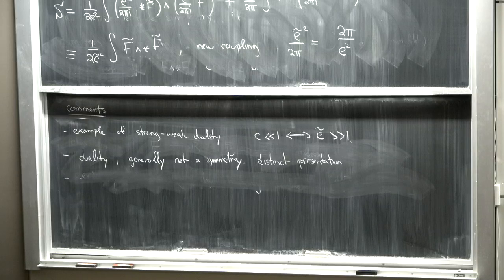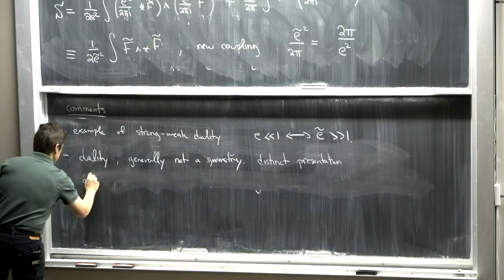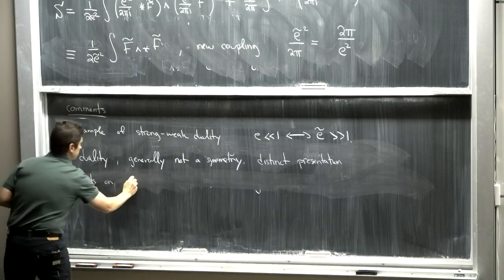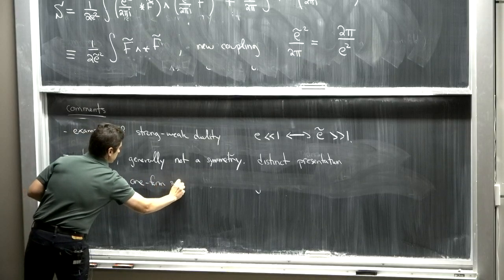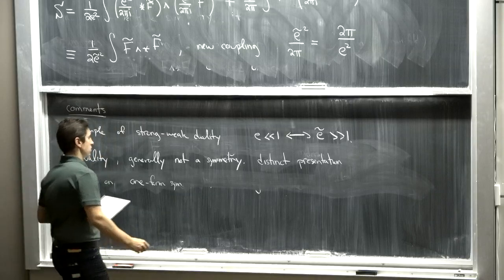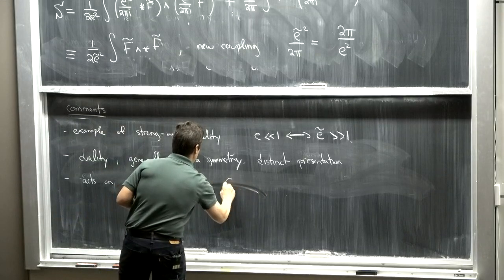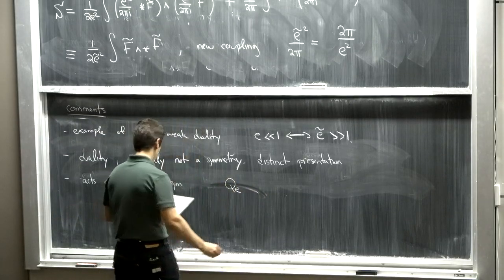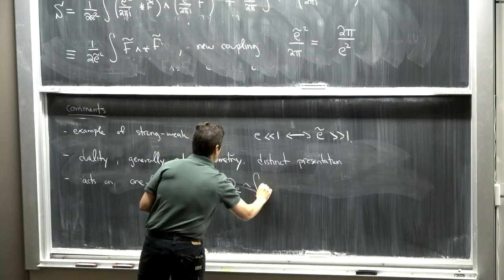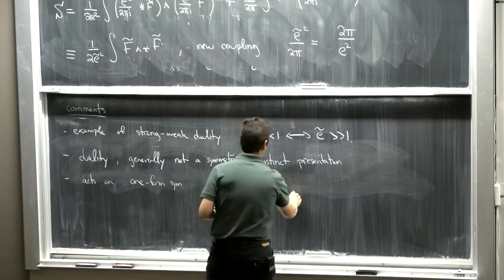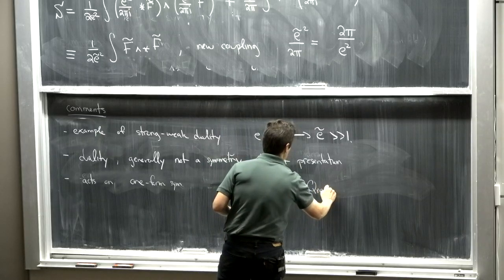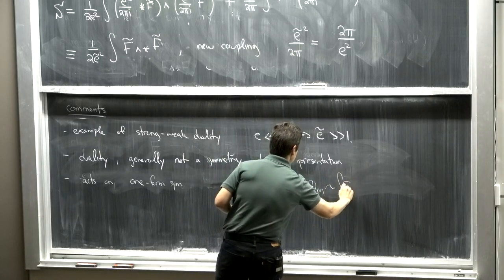There is an action on the one-form symmetry of the theory. So the one-form symmetry, QE, I won't put the coefficients, was like the integral of star f, and QM was like the integral of f.